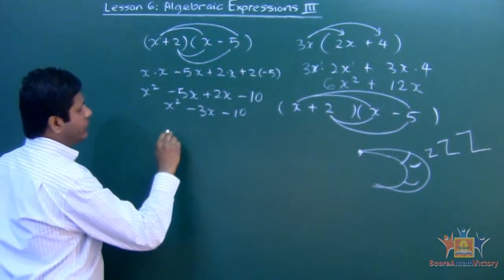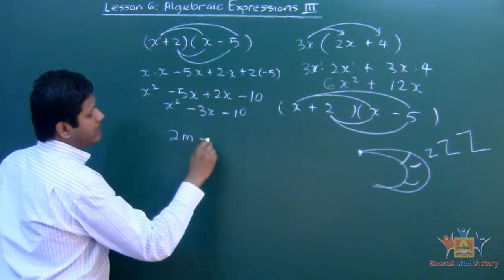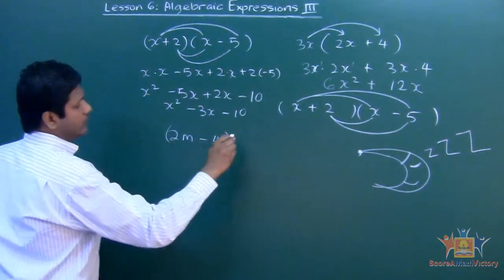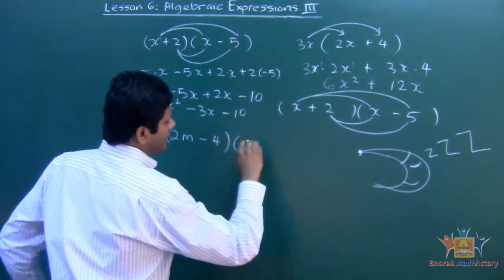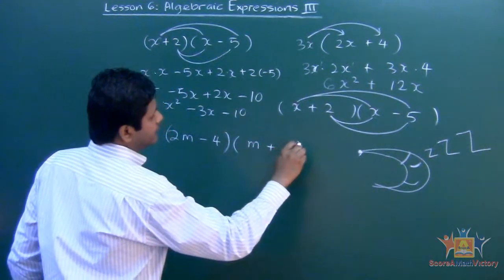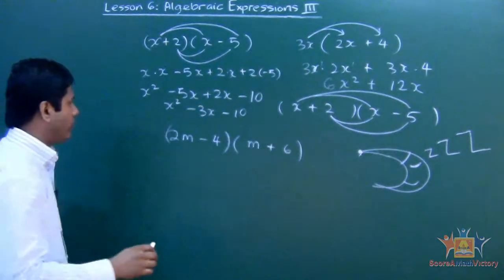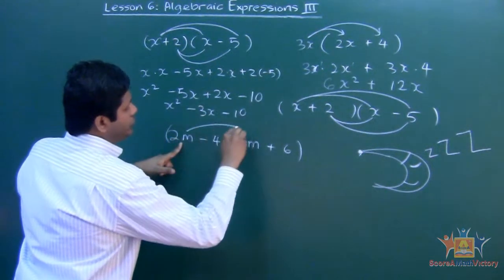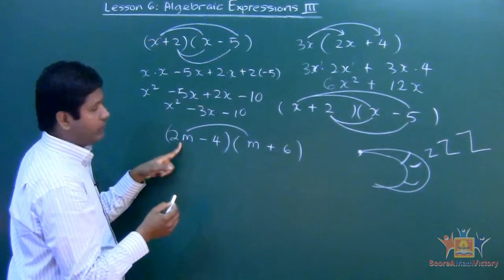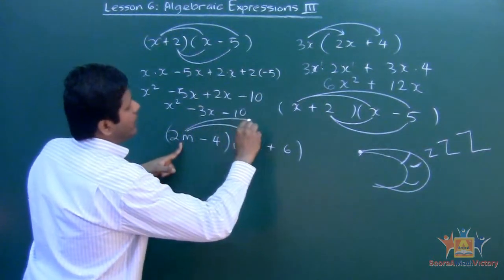Let's say if I give you 2m minus 4, and then I give you m plus 6. So what method are we going to use? Exactly, the sleeping moon, alright? So we're going to shoot the arrow to the first one, and then shoot the arrow to the second one.